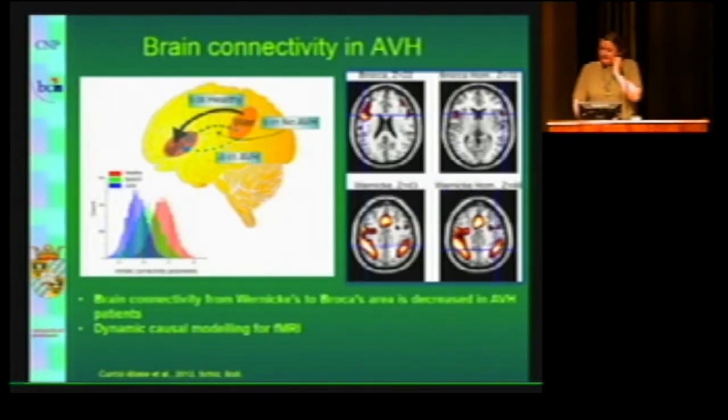Before I show you how we stimulate, I will say that our study is based on our previous findings on auditory verbal hallucinations. This is an fMRI study with schizophrenia patients with hallucinations, schizophrenia patients without hallucinations, and healthy controls. All subjects performed a metrical stress evaluation task.